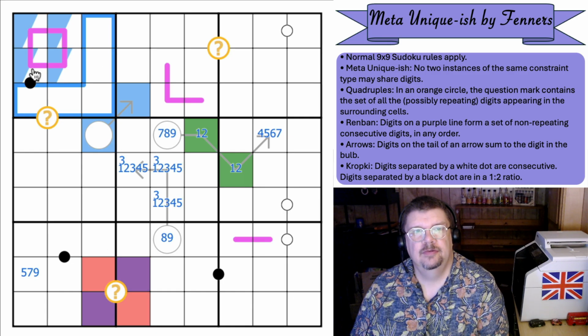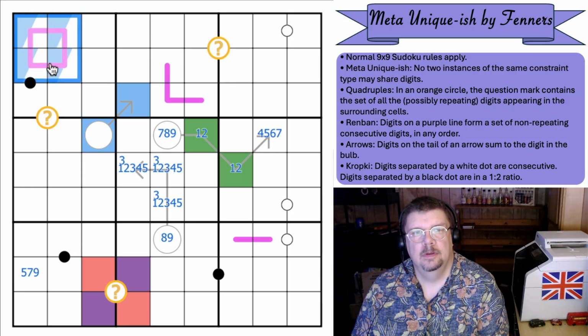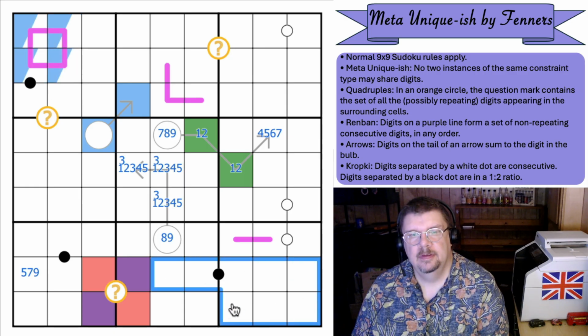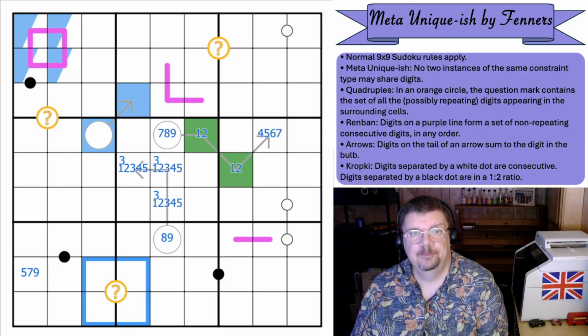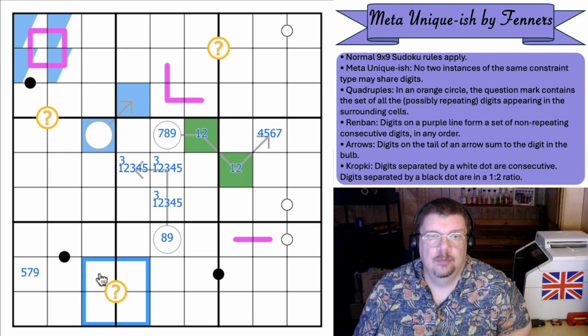They're not allowed onto there, so red and purple would both go in here, putting it on the Renban. But if I look across here, they can't go in there. They're now not allowed on the Renban because I have them both on this Renban, so they both have to go there. So this can't be a double quad.